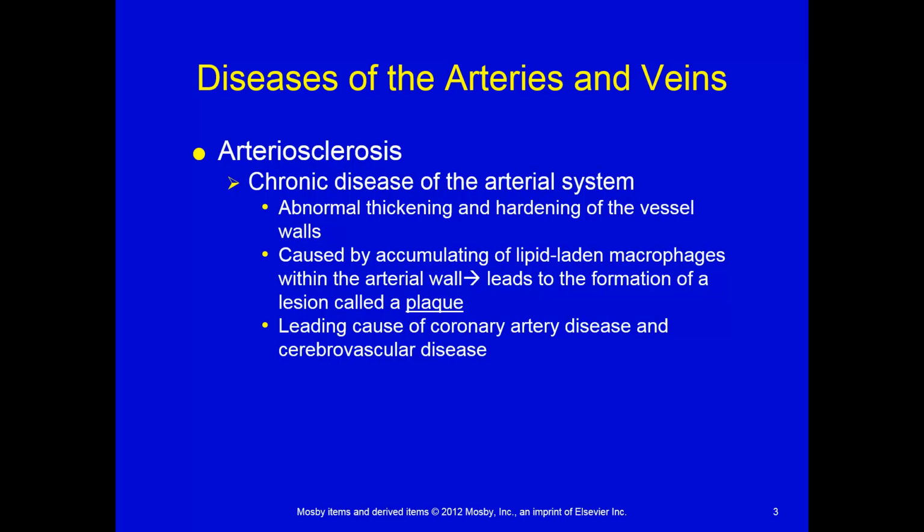It's this buildup of blood cells, lipids, cholesterol bodies, all those wonderful things we have in our diet that end up getting deposited in our arteries. It's the buildup of those things that leads to something called a plaque. That is the lesion, the formation that forms inside those arterial walls.